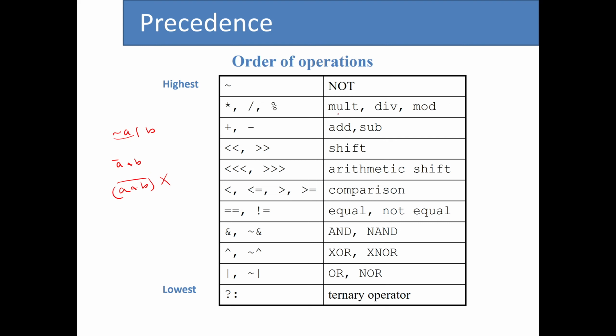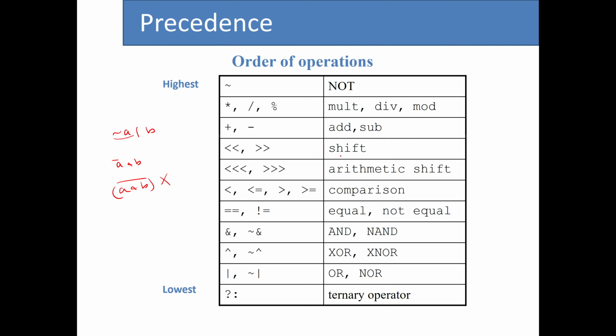After that, we have multiplication, division, and modulus. Then we have addition and subtraction. Then we have shift, whether shift to the left or shift to the right. Then we have arithmetic shift, again arithmetic shift to the left and arithmetic shift to the right.